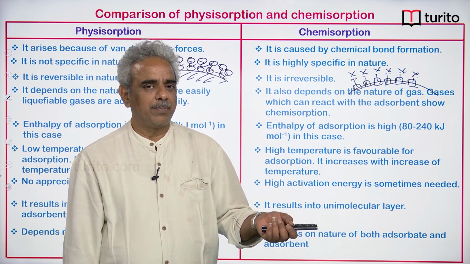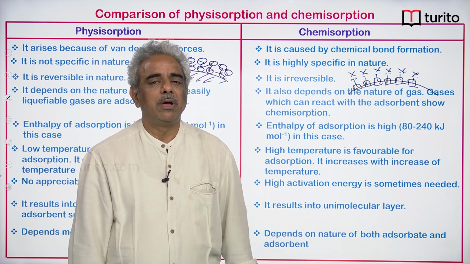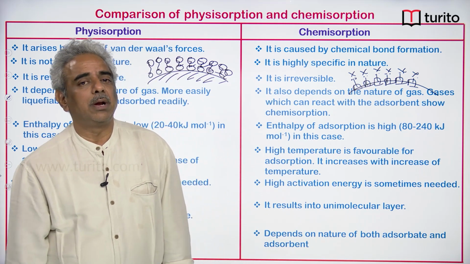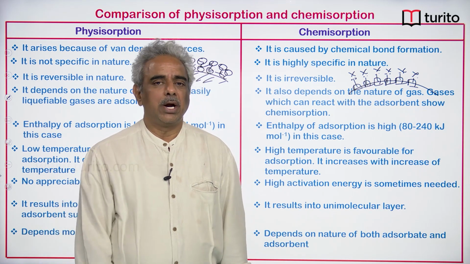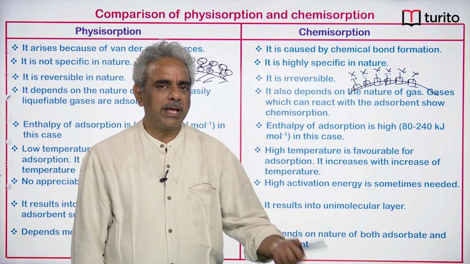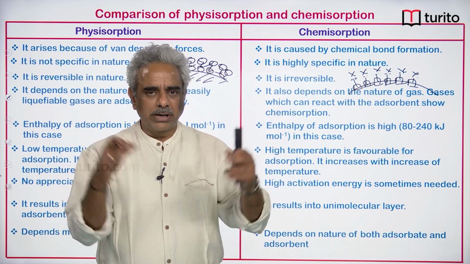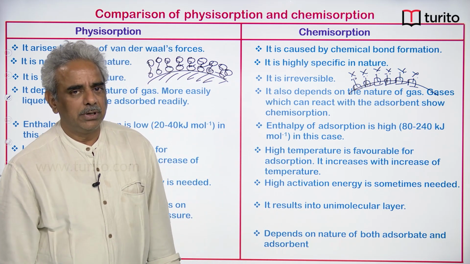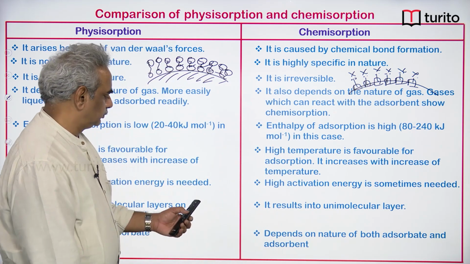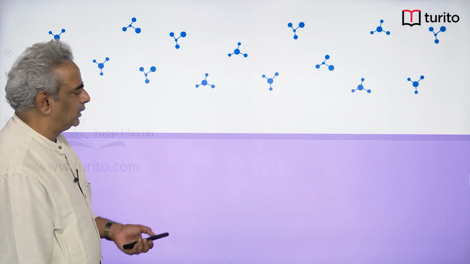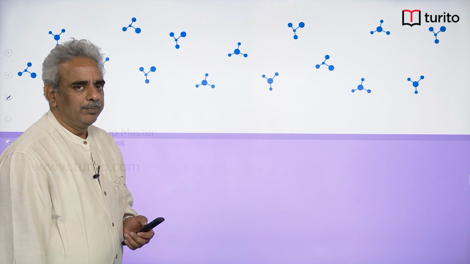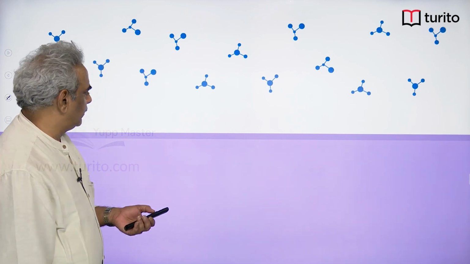If one has an unpaired electron, the other fellow also must have an unpaired electron, then only a chemical bond can form. But here a bond cannot be formed, there is a layer of particles, it is only the condensing ability of the adsorbate. So, now after seeing the differences between them, you can again visualize the phenomenon.